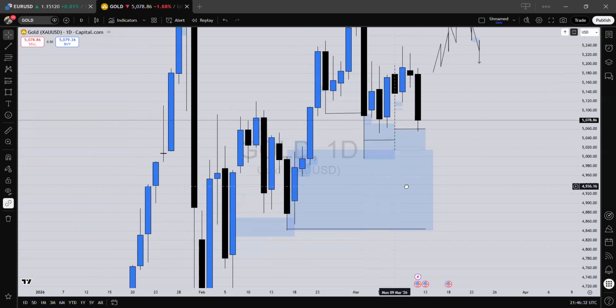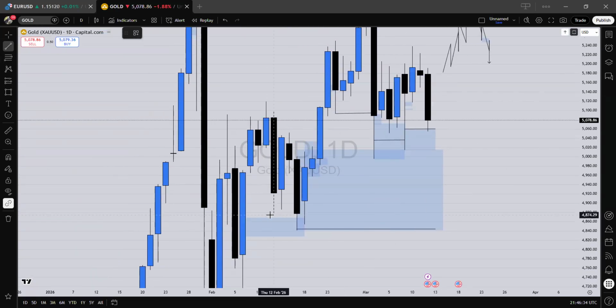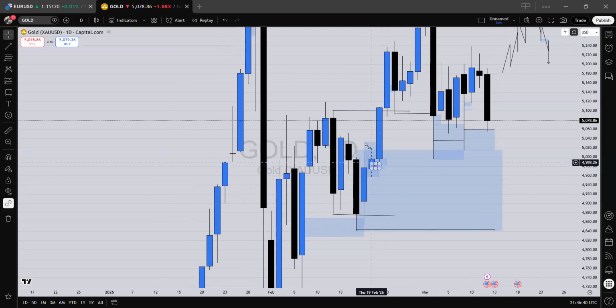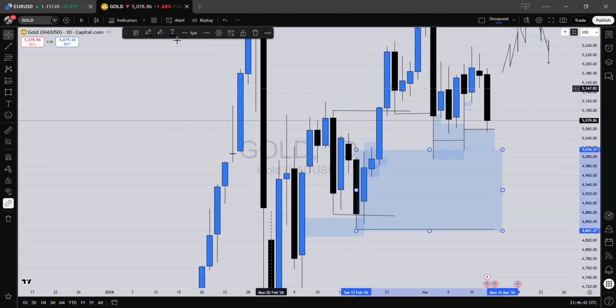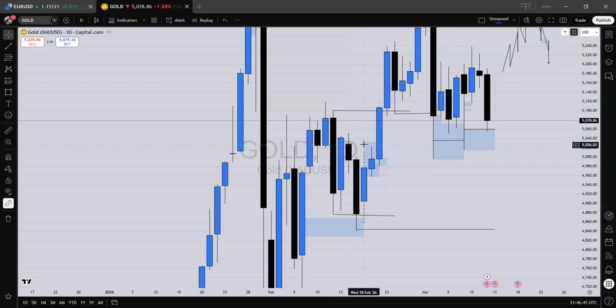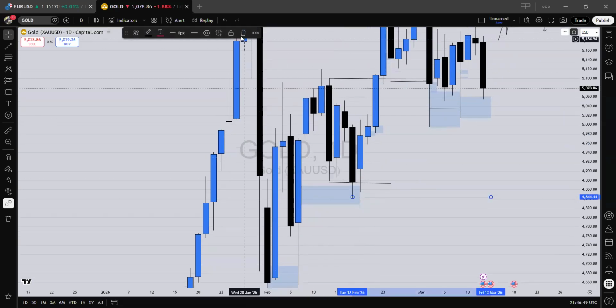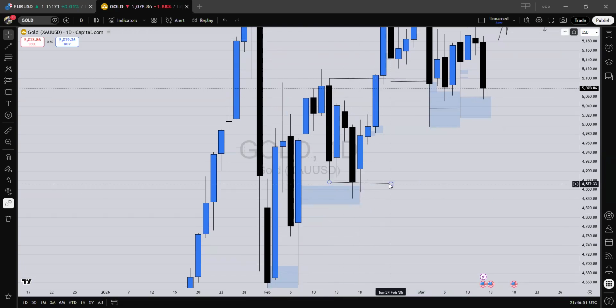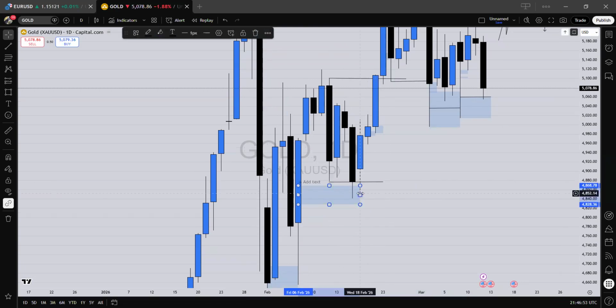One of them is this candle. Okay, like I mentioned, please let me clear out something so that I will not be confused. Price took out this low.